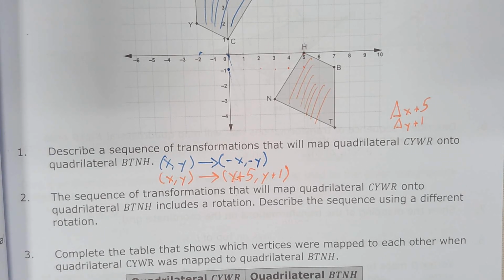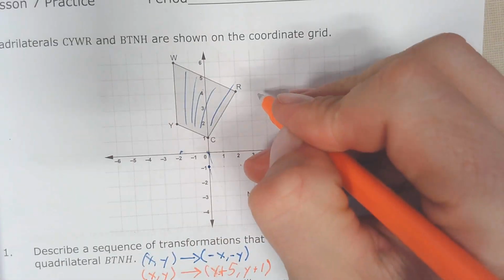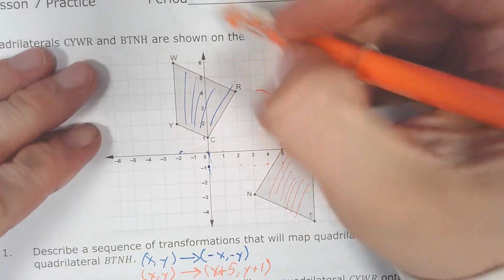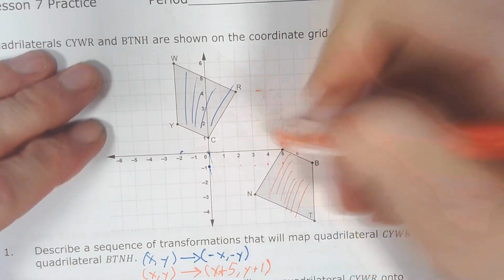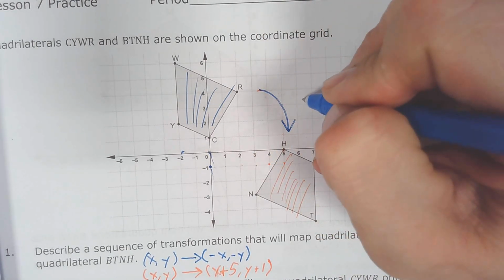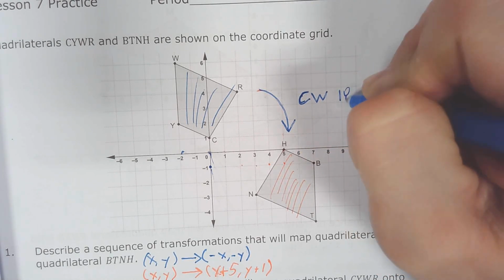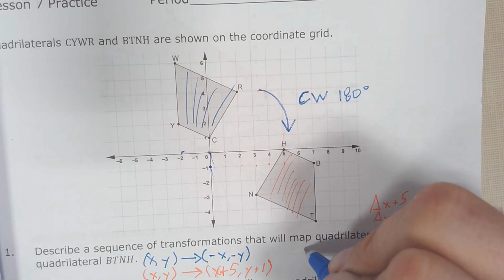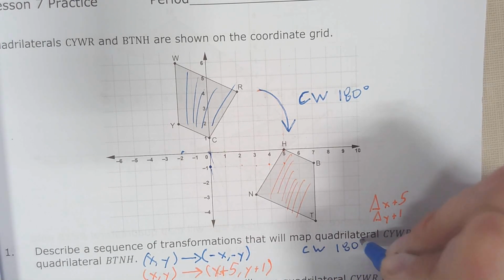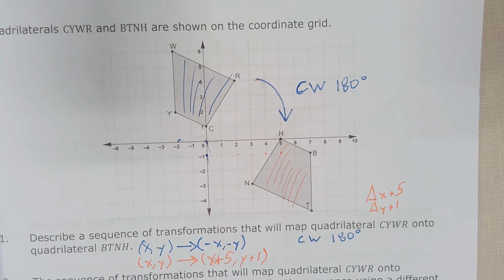Okay, and then I'm going to say that I went this way with it. I made it blue. I went this way with it. It was a clockwise rotation of 180 degrees. That seems like a silly detail to put in, right?